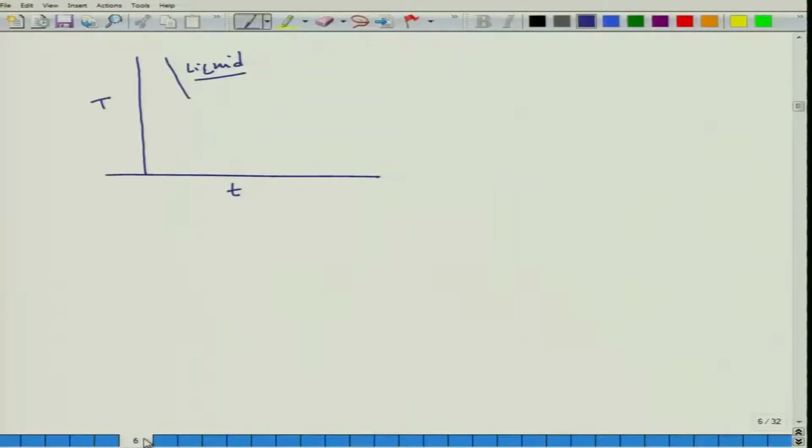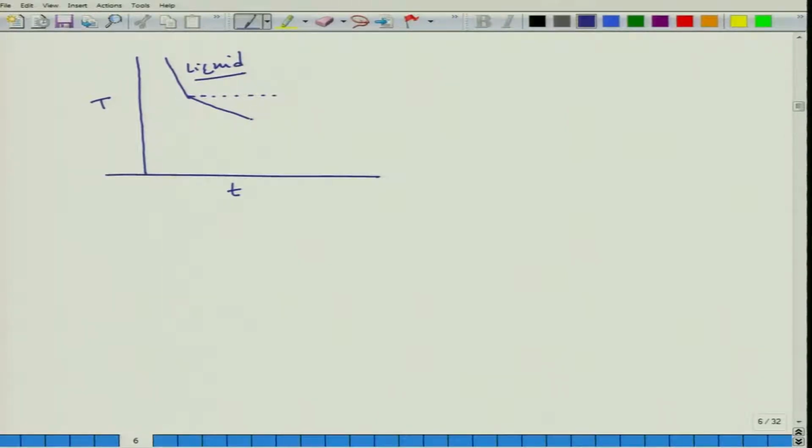Here also it will be all liquid, the liquid temperature goes down, but interestingly here the situation does not happen like this, rather it goes like this at a slope which is different than the initial slope.